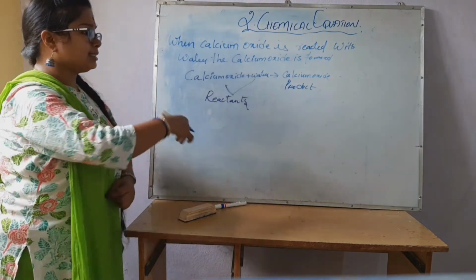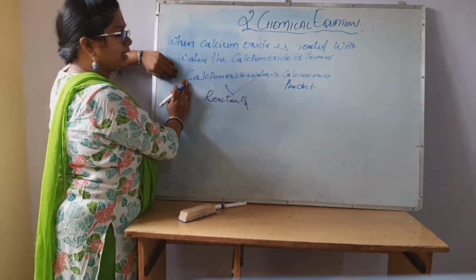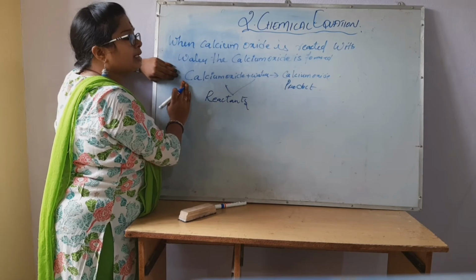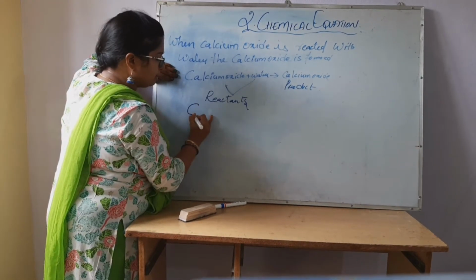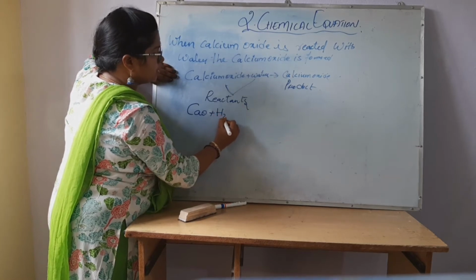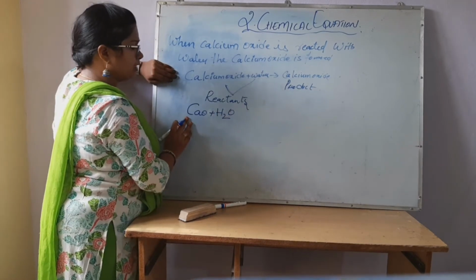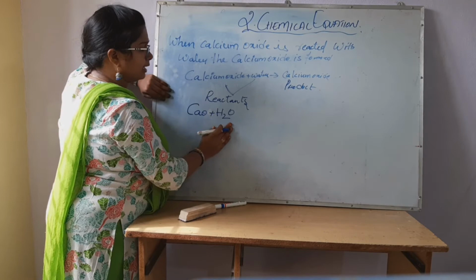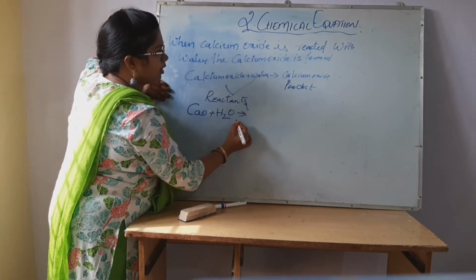And in spite of writing like this, an easier method is to write in the form of symbols. CaO plus H2O. CaO is nothing but calcium oxide, reacted with water to form what?